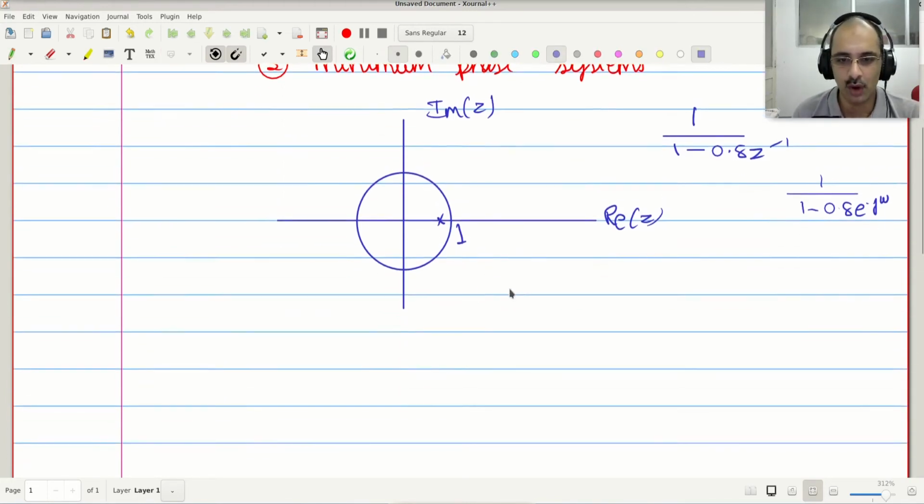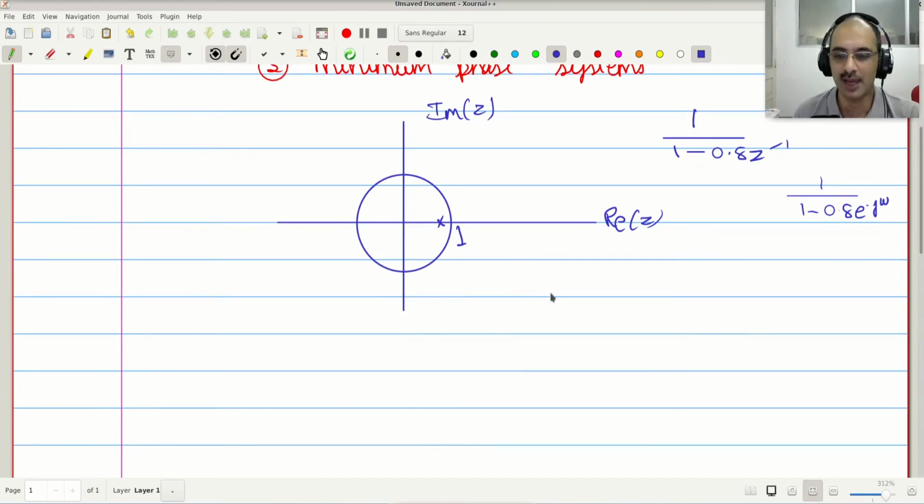Now, if you want to look at the magnitude of the DTFT, it is actually not that difficult. The DTFT is obtained by substituting Z equal to e power j omega, which means that if you consider any point over here and connect it to the origin, this angle measured in this direction will be omega. To obtain the magnitude response, here is one way to do it.